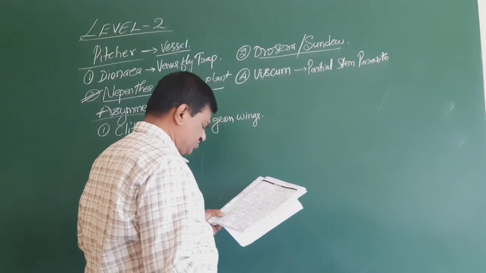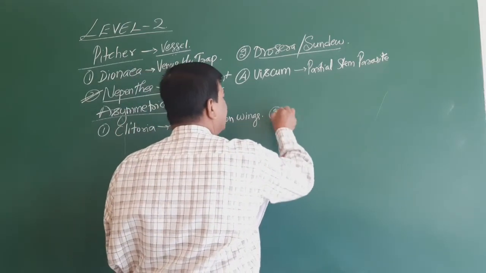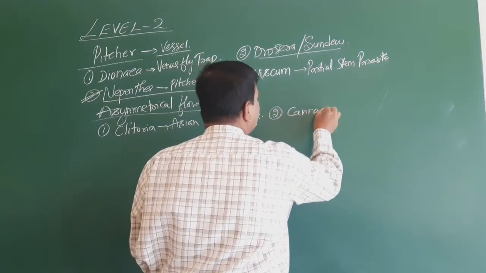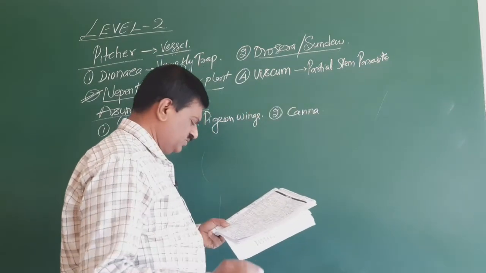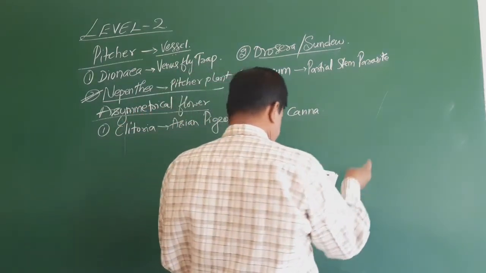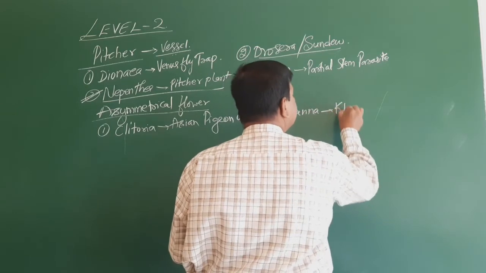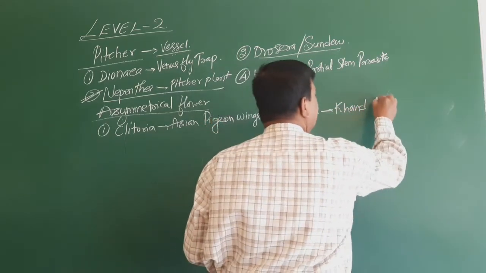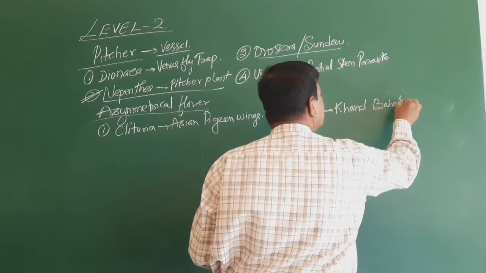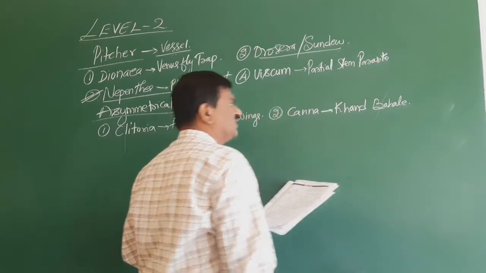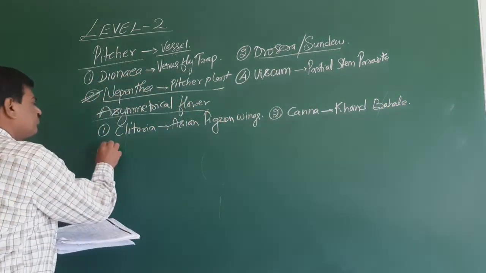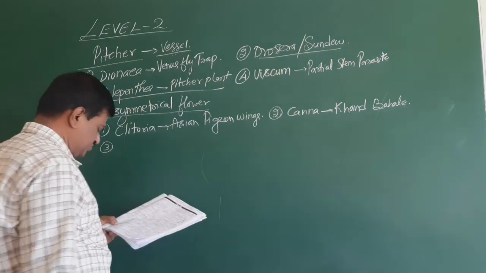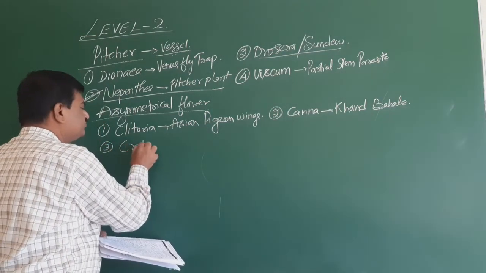The second one is Canna. Canna is called Kanda Bale. And the third one is Crotalaria.